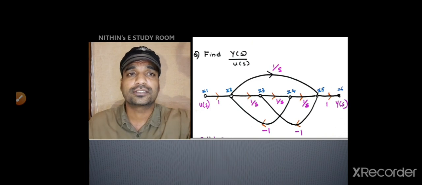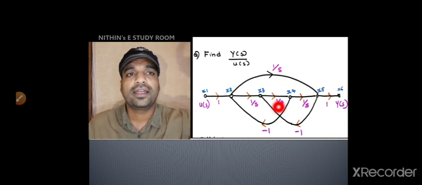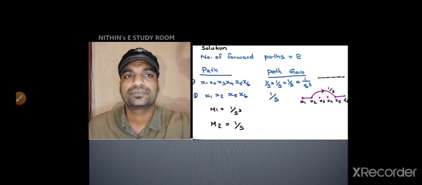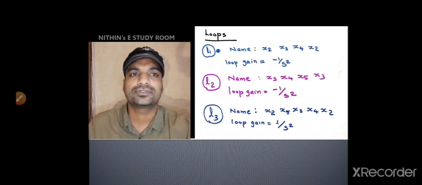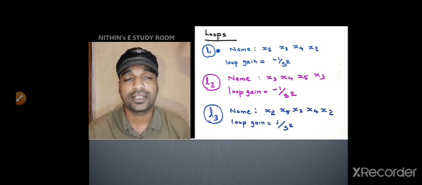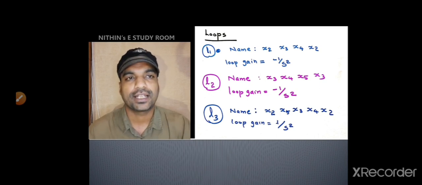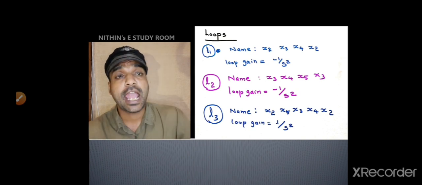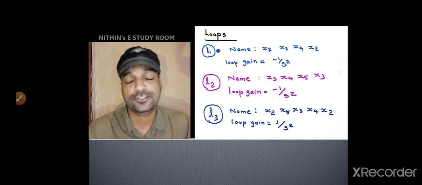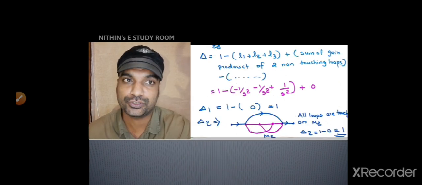Once more, I will explain. x2, x5, x3, x4, x2. That is the third loop. And the gain of that path is 1 by s square. You can check that. So L1's gain is minus 1 by s square. L2's gain is minus 1 by s square. And L3's gain is 1 by s square.